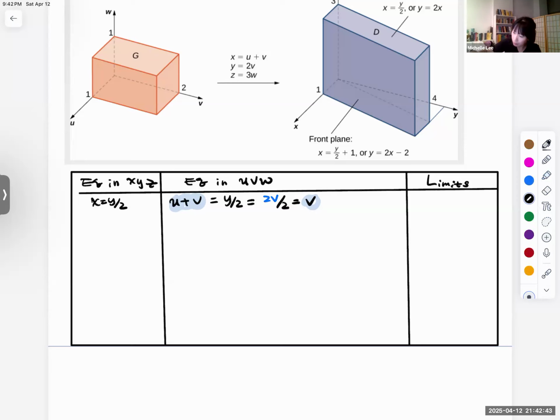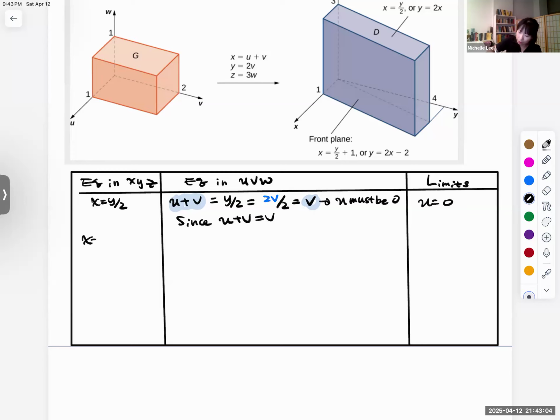Make sense? Then the lower limit is u equal to 0 there.